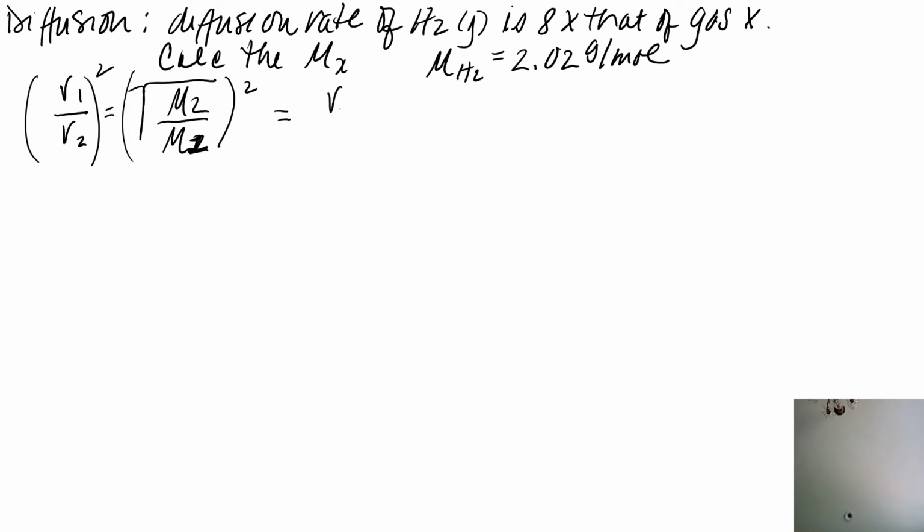So R1 squared divided by R2 squared equals the molar mass of gas 2 divided by the molar mass of gas 1. Okay? Now, I'm going to define H2 as gas 1. So when we rearrange this equation, it's a bit easier to manage.